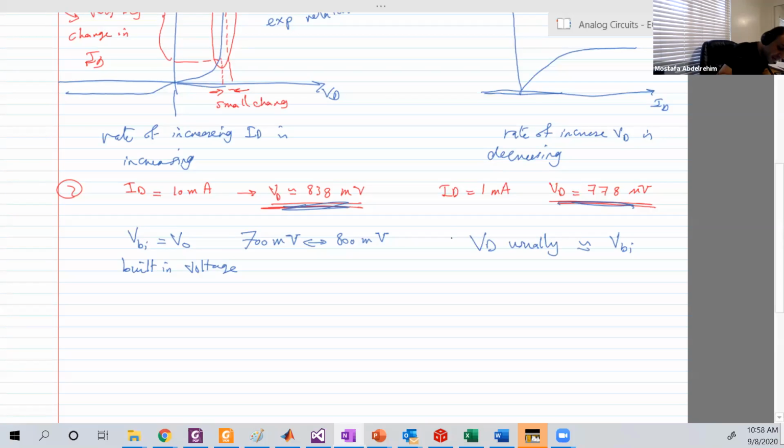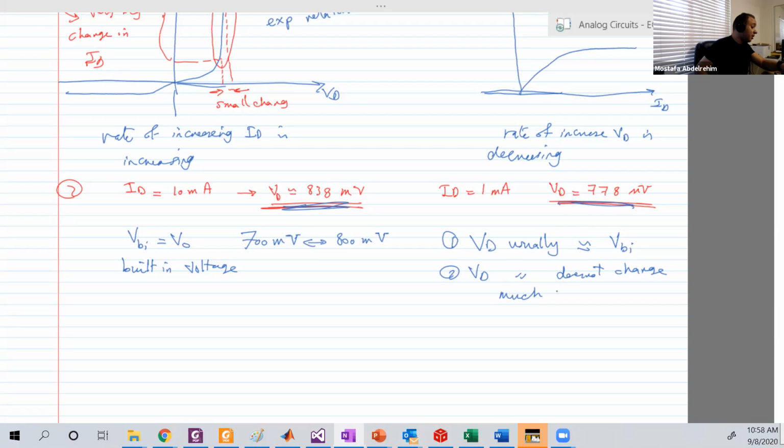This is one thing. VD usually doesn't change much. Very little change. This is the second important observation.